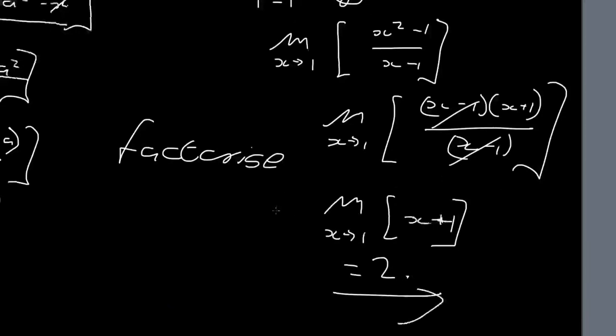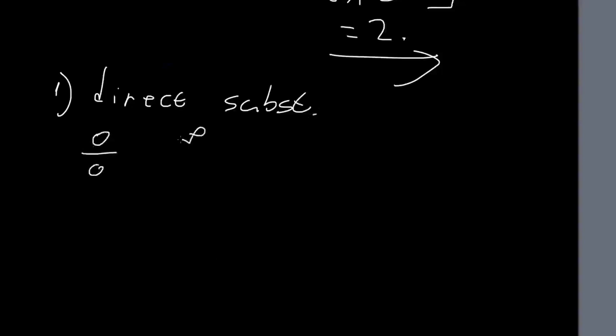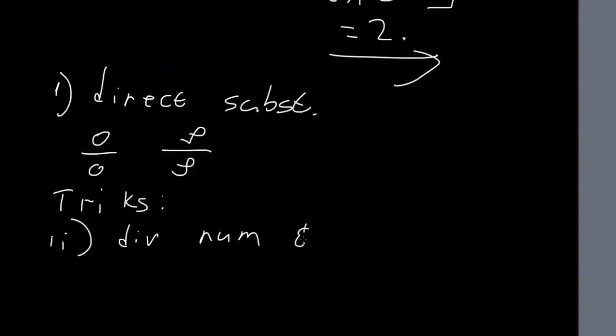So in summary, when you're working with limits, first try direct substitution. So substitute the limit value in for the variable. If it gives 0 over 0 or infinity over infinity, try your tricks. Number 2: divide numerator and denominator by x, which is the same as multiplying by 1 over x over 1 over x.